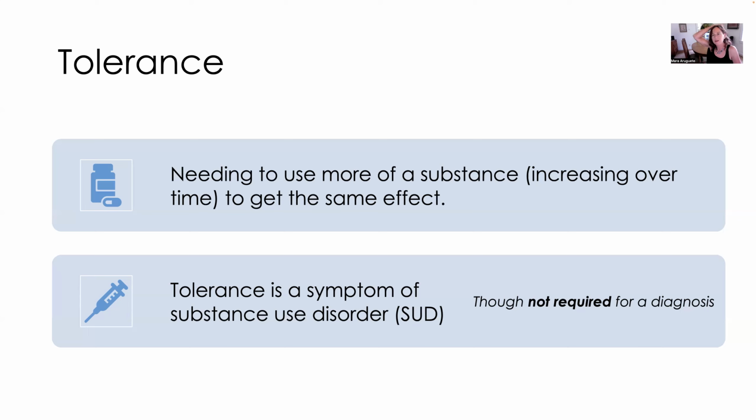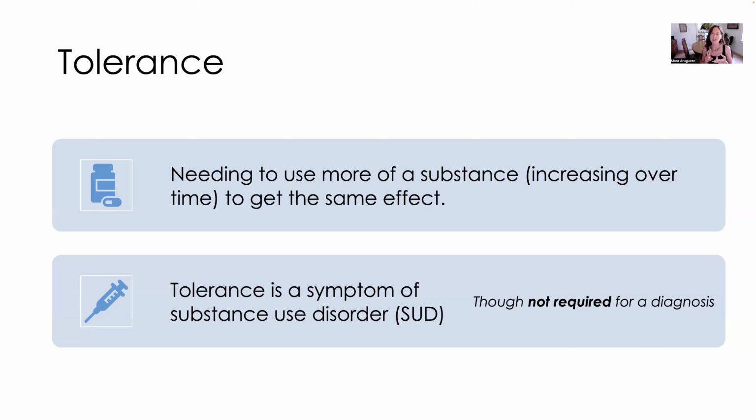So tolerance is really a symptom of substance use disorder, and it is one of the symptoms that we covered from the DSM diagnosis. Now, the thing about tolerance, it is one symptom of 12 symptoms.